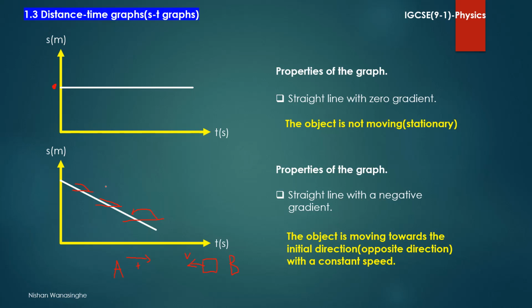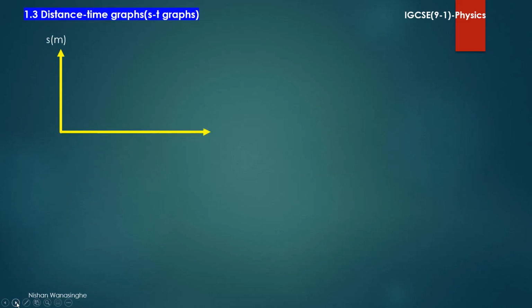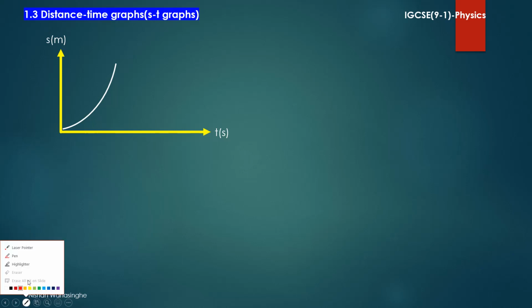Okay, now we'll come to the last part of the lesson. The graph is a curve. You can see the graph is a curve. So we can use the previous knowledge to find whether the gradient is positive or negative. First you have to draw straight lines.